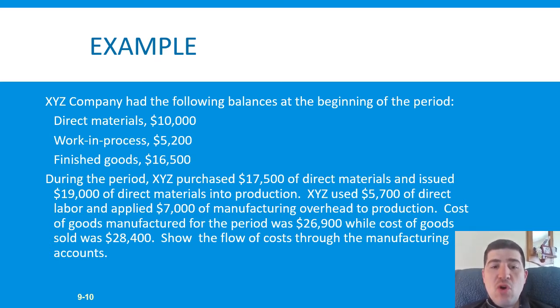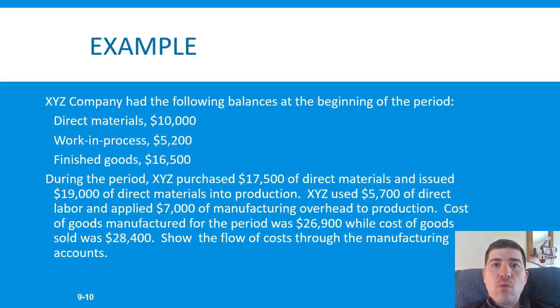During this time, we purchase some direct materials. It looks like we take some direct materials and we put them into production. We use $5,700 of direct labor and $7,000 of manufacturing overhead get applied. We have the cost of the goods that were manufactured and the cost of the goods that was sold.